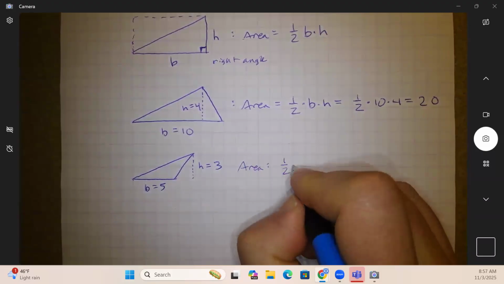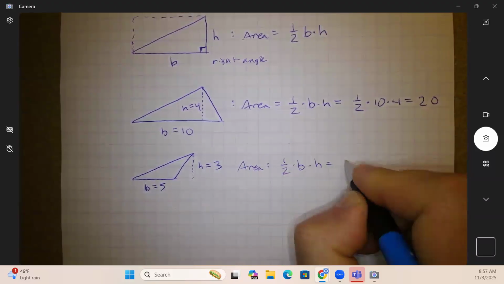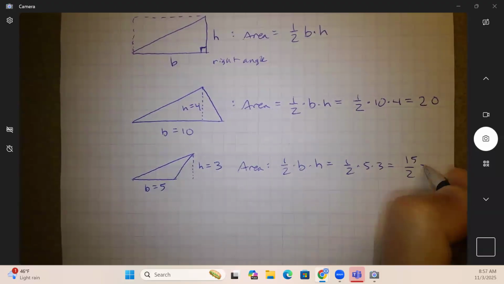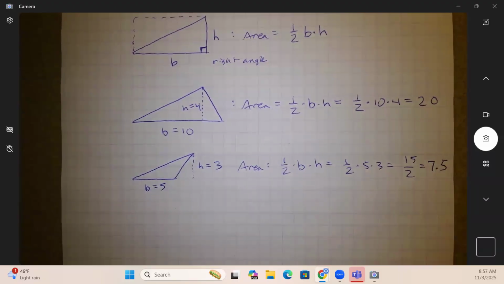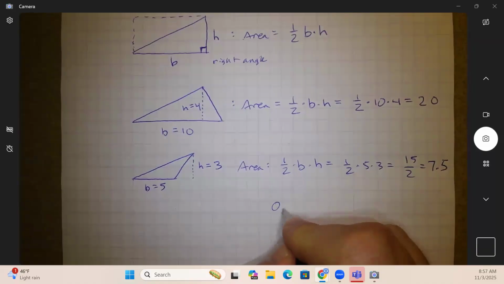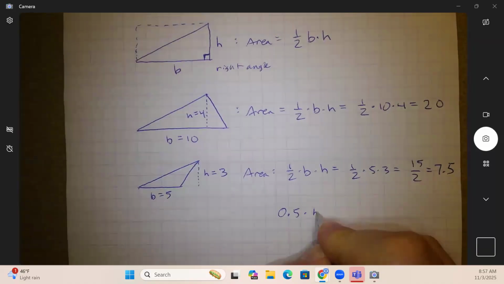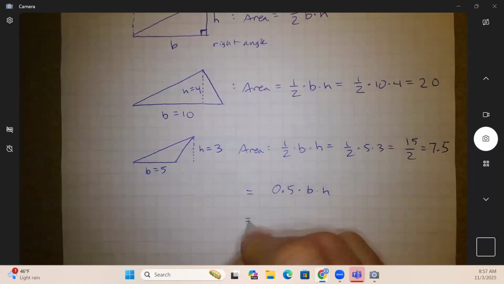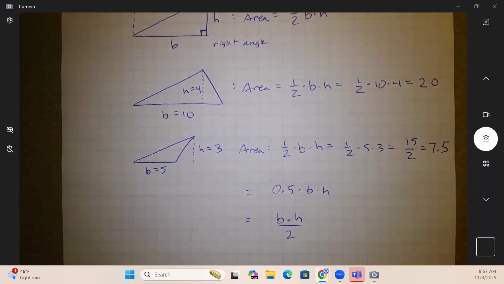So 1/2 times base times height, in this case, is 1/2 times 5 times 3, which is 15/2, or if you want it as a decimal, is 7.5. And yeah, you could do 0.5 times the base times the height. Or you could do the base times the height and then divide the whole thing by 2. That all works for your calculator. Those are mathematically equivalent.